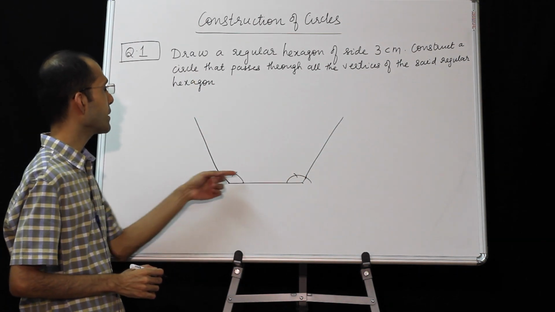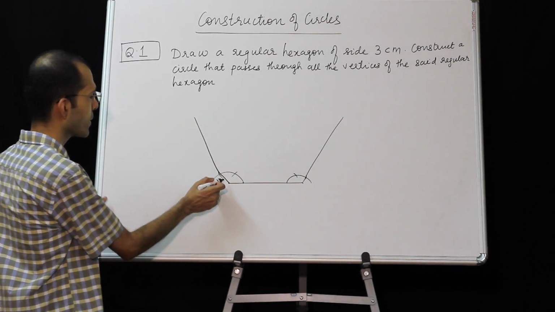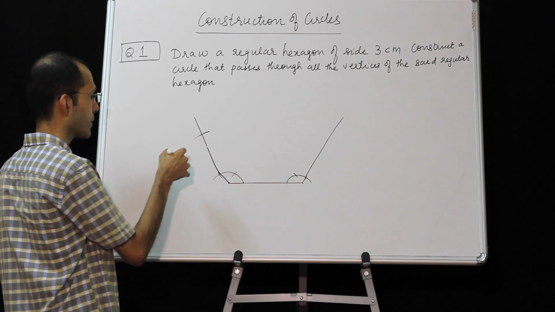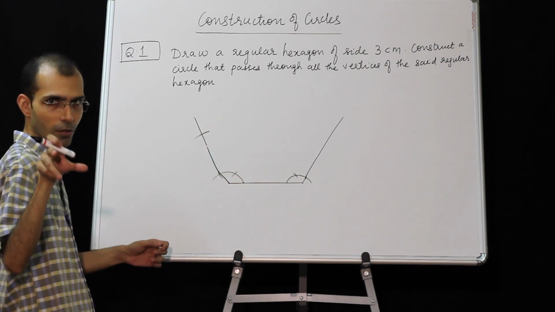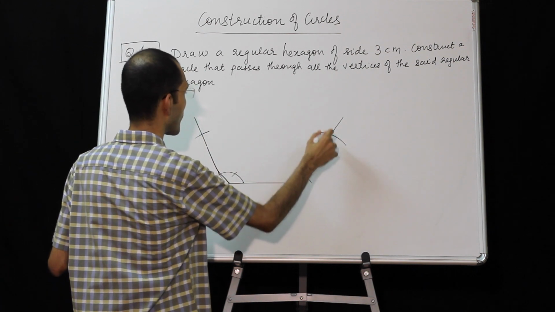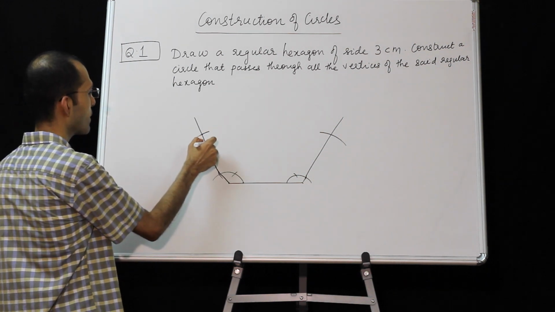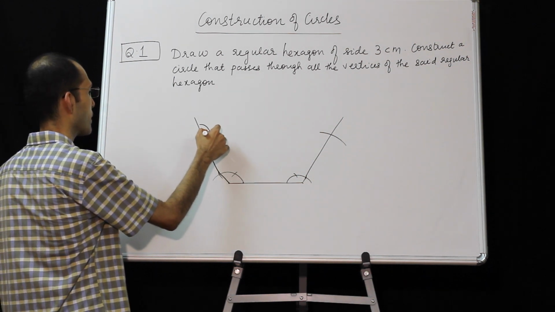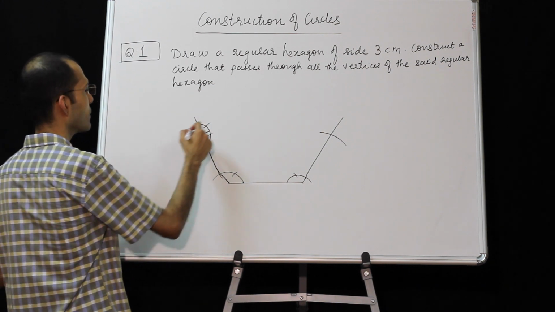Now this is 3 centimeters, so in the regular hexagon naturally all sides are equal. So with this, cut 3 centimeter here with the compass, take an arc of radius 3 on a scale, cut it. Here also cut 3 centimeter. With this as the point, again draw 60 and 120 degree angle.